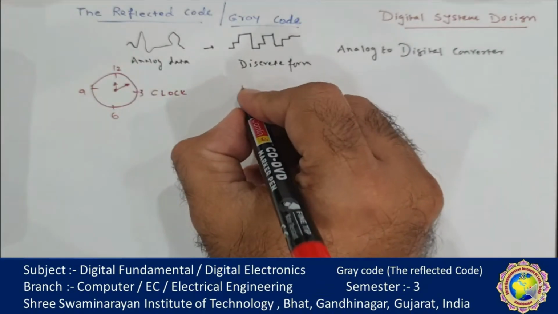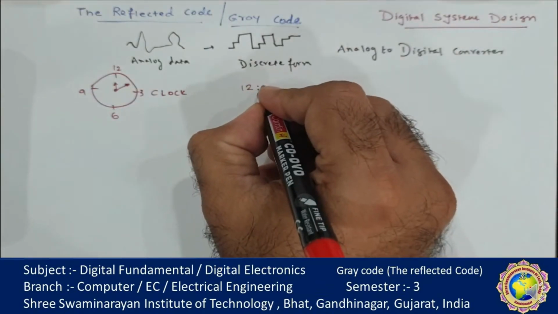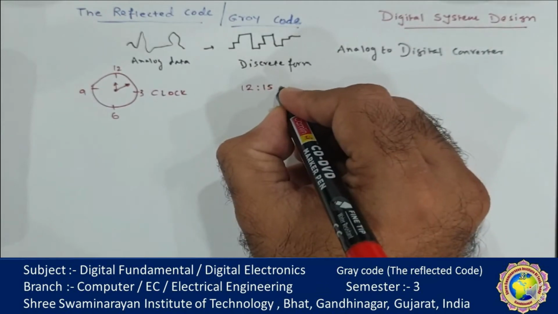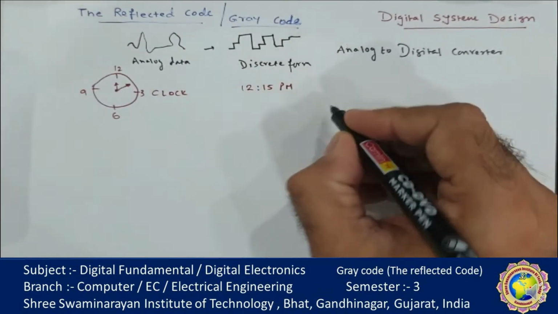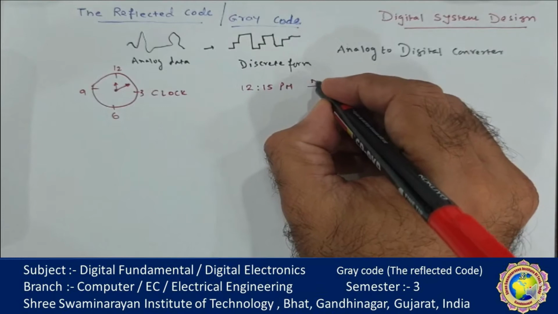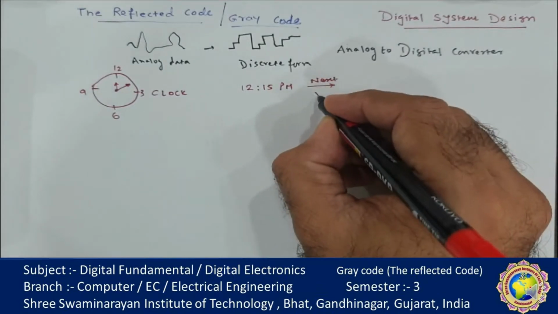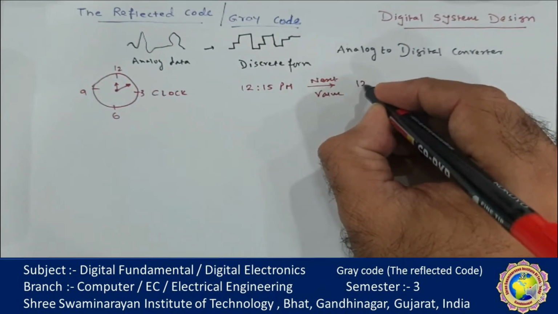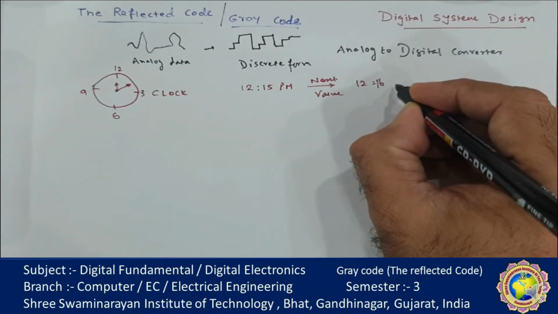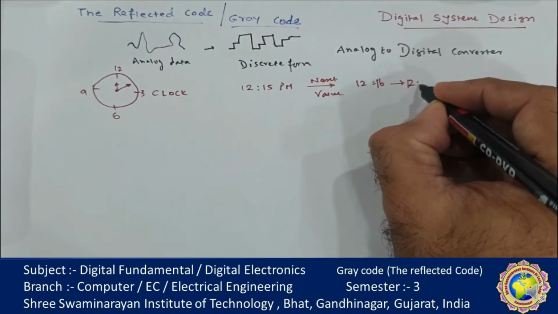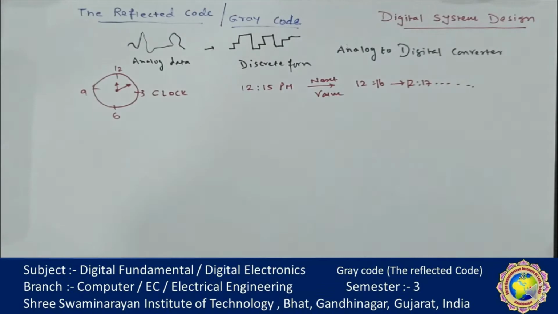Can you tell me, suppose the current time is 12 hours 15 minutes PM. What will be the next value? Next value is 12.16, then 12.17, in this way.